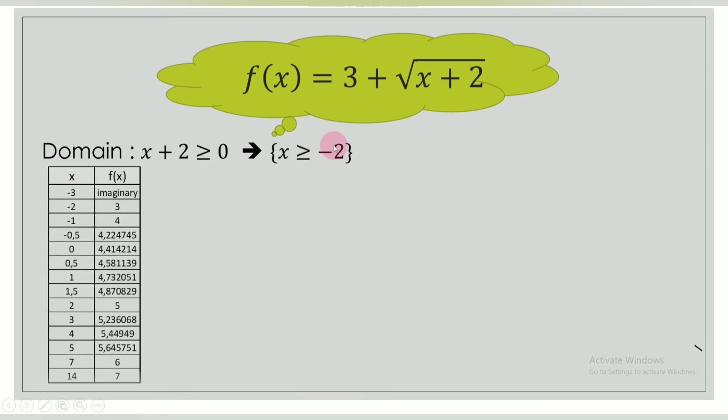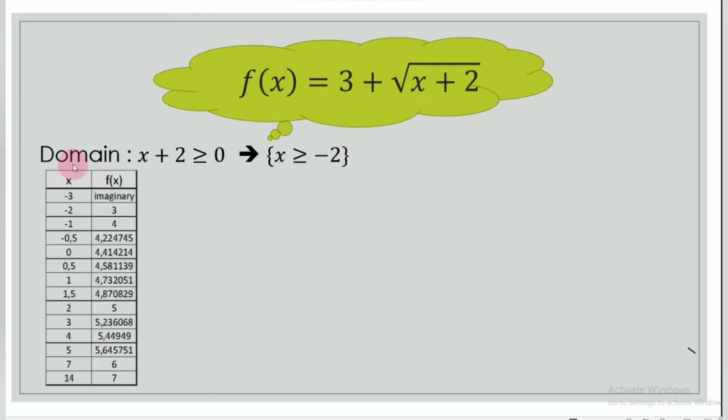So let me show you the table of pairs. When I begin with -3, it gives me imaginary numbers. Of course, because -3 is outside the domain. And if you experiment using other values of x outside the domain, it will consistently give you imaginary numbers, right? So let's begin with -2, so I can have the first real value for your y, which is 3. And then when I go to the bigger number, which is -1, I still have real values, and so on.